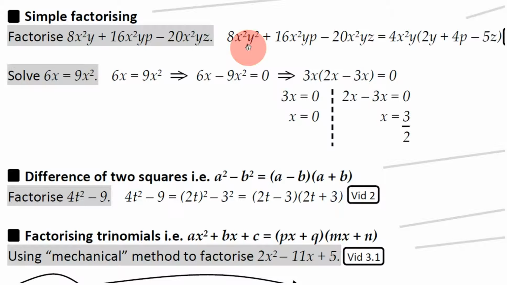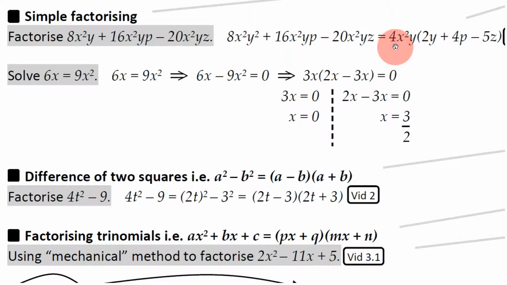Y is the biggest factor in each of these. Y goes into that, y goes into that, and y goes into this expression. So let's add y to our list of highest common factors. And that's it really, because p is only found in this bit of the expression, not there or there, and the same with z, it's found there, but it's not found there or there.